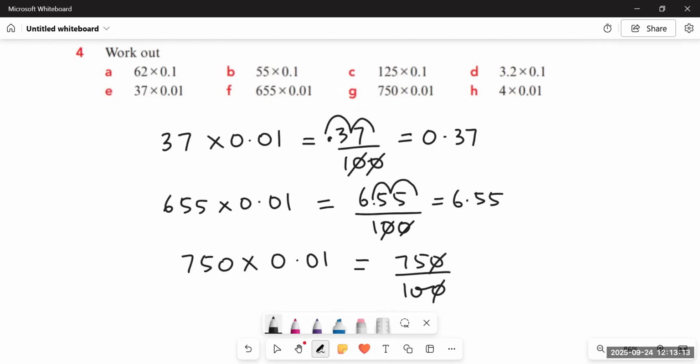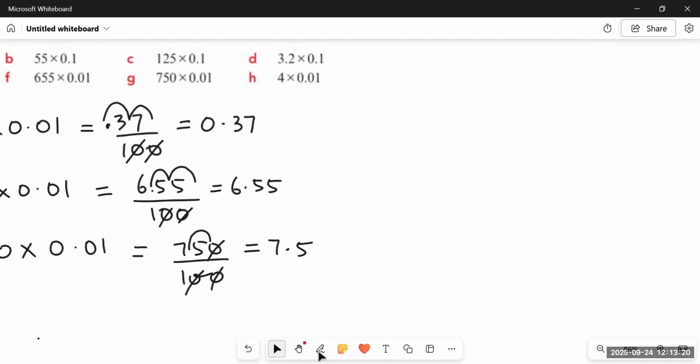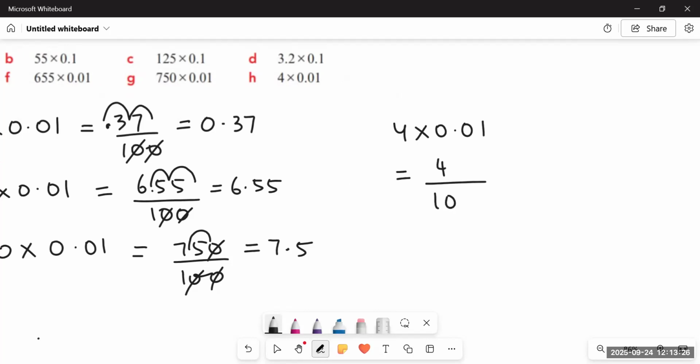Cut one zero, decimal will move one place backward. Here it becomes 7.5. And then we have 4 times 0.01. It's actually dividing the same number by 100. Cutting the two zeros, decimal will move two places backward, and it becomes 0.04. That's all.